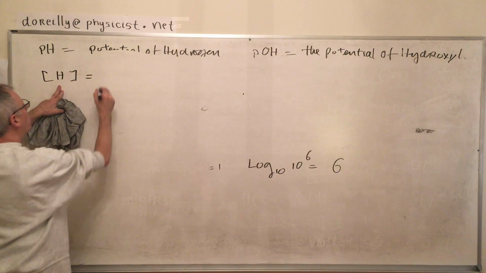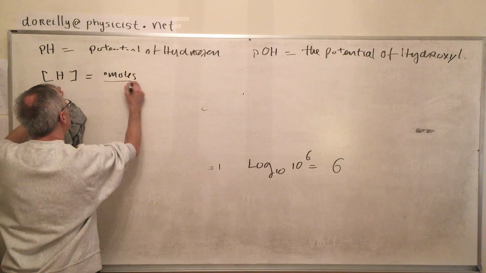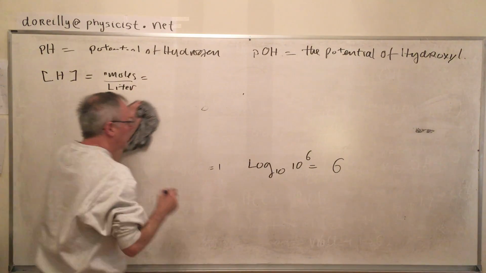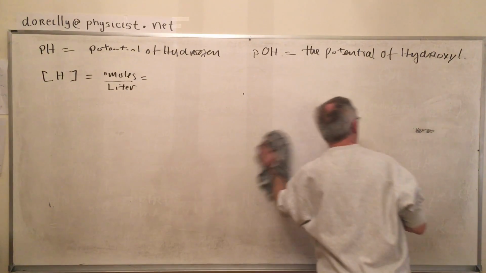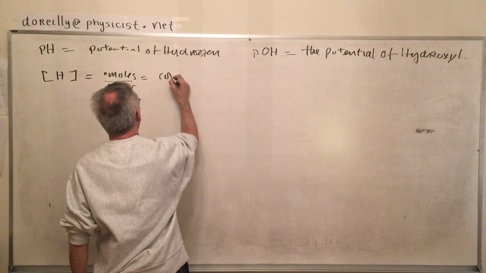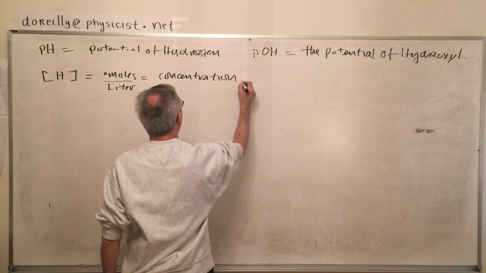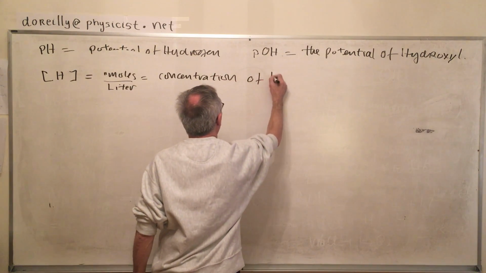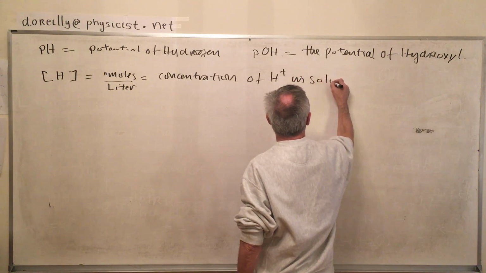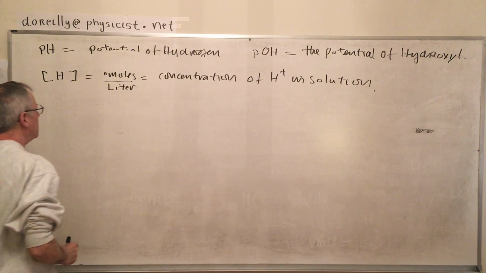Now this is the number of moles per liter, or the concentration of H plus ions in solution.